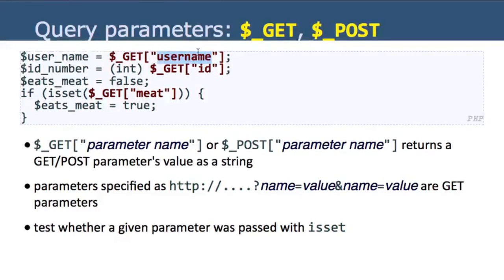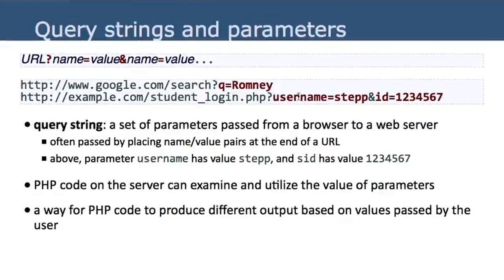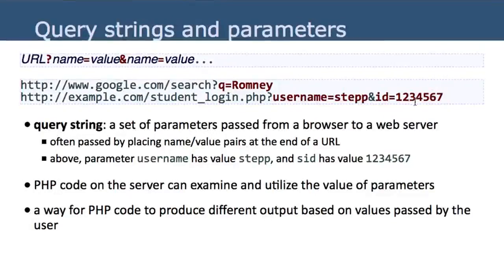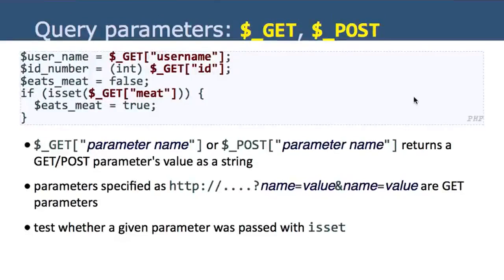So I'm mapping to the username keyword the value that was supplied for that. So back here, username equals step. If I want to get the value step, I say $_GET['username']. That gives me the value step. $_GET['id'] gives me the value 1234567 that was associated with the ID parameter.